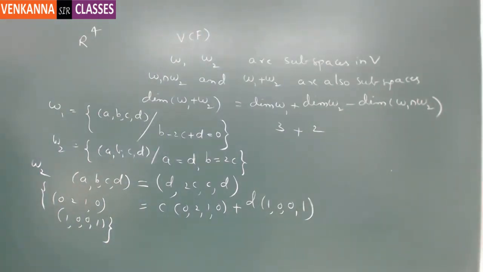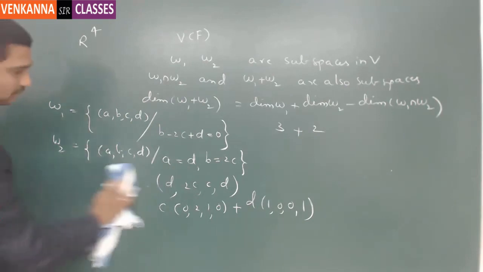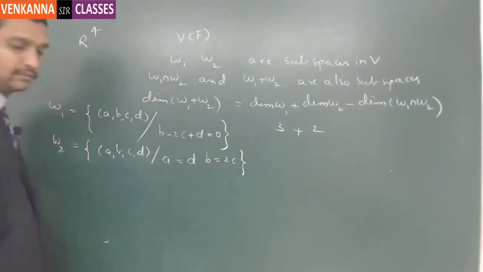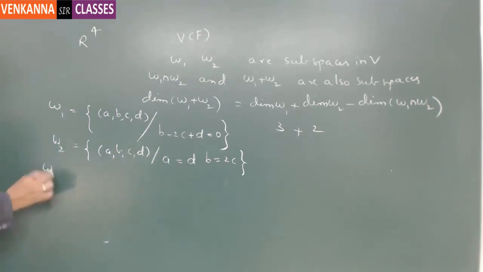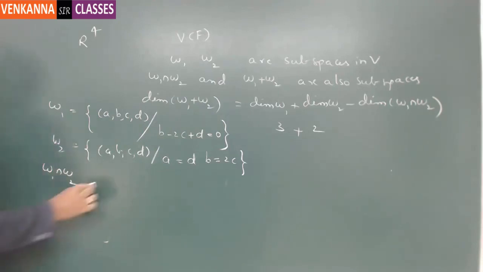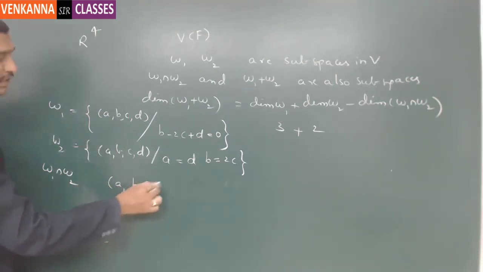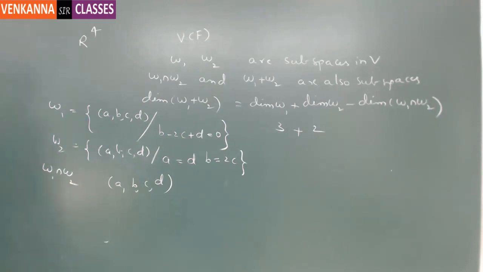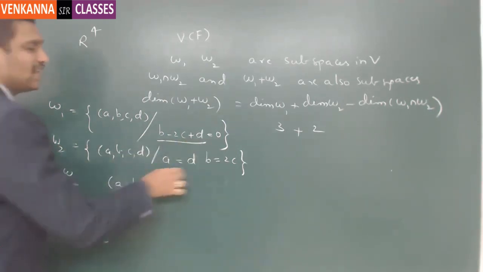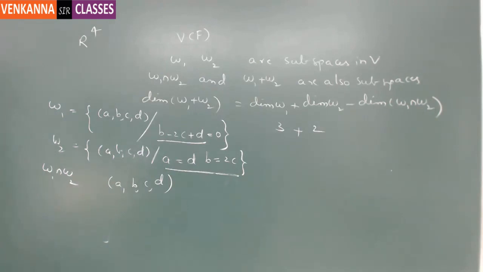Now, let us find the dimension of the intersection. So if you consider the intersection, whatever the value a, b, c, d you take in the intersection, it satisfies the first condition as well as the second condition.